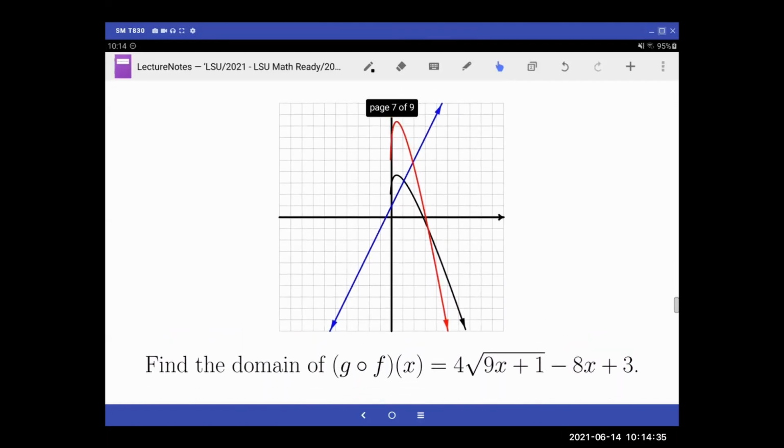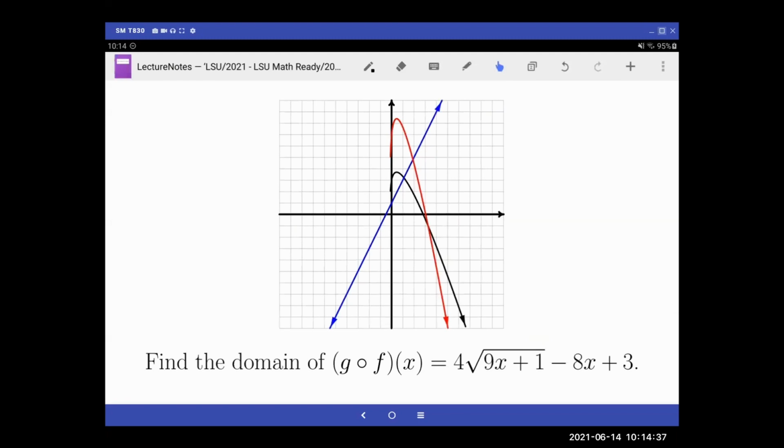And here's a question. So it says find the domain of the new function g of f of x, which is 4 the square root of 9x plus 1 minus 8x plus 3. And from here, you can look at the graph. And let me kind of explain it really quick. The red one is f of x. Okay. The blue one is g of x.